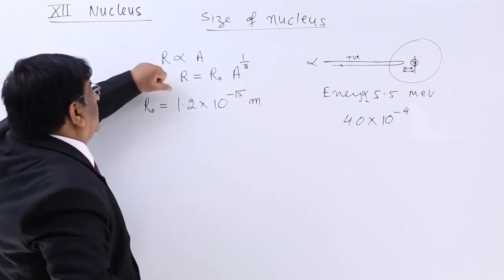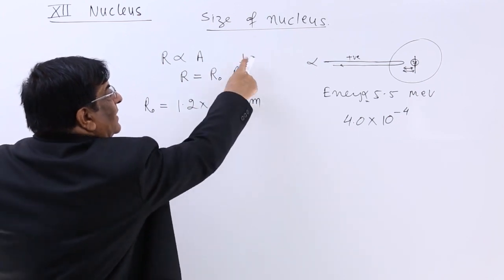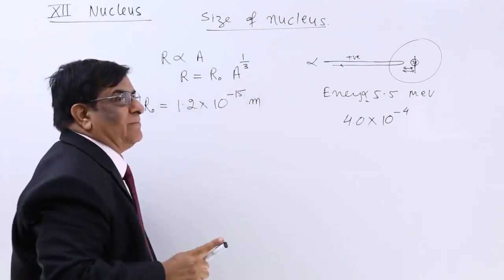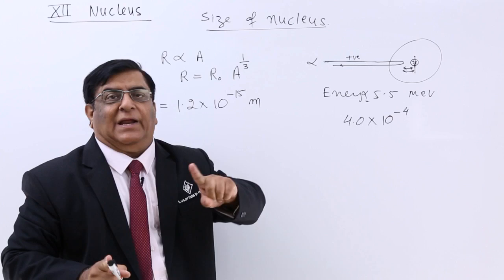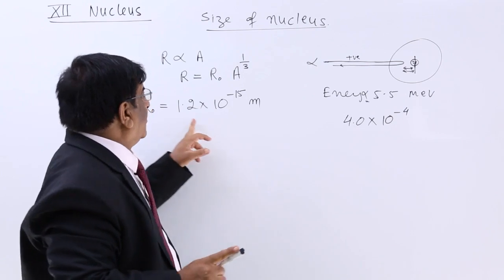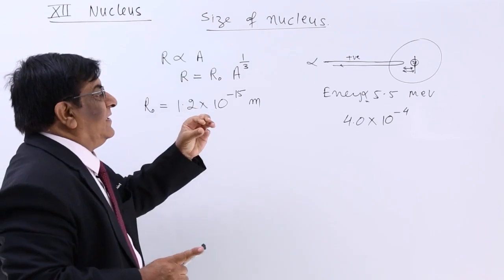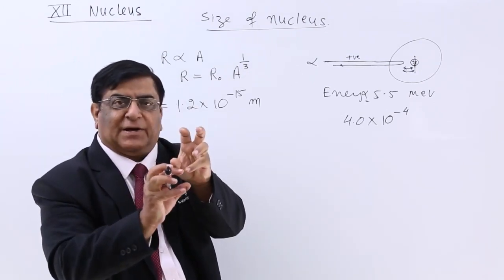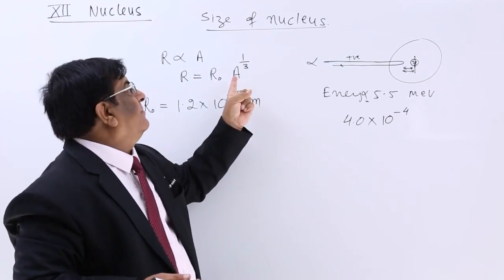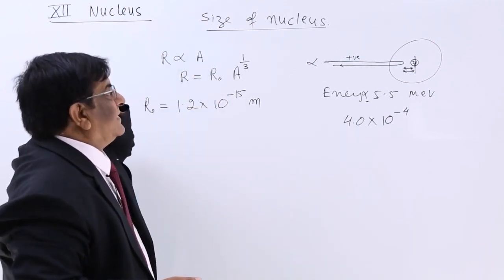So you see, if atomic mass is 1, then 1 to the power 1/3 is 1. At that time R is equal to this much, and atomic mass 1 is for hydrogen. And in hydrogen, in the nucleus, we have only one proton. So for one proton, this is the size. From this, if there are 2 particles, 3 particles, 4 particles, the atomic mass number will go on increasing. That is why the radius is proportional to the atomic mass number.